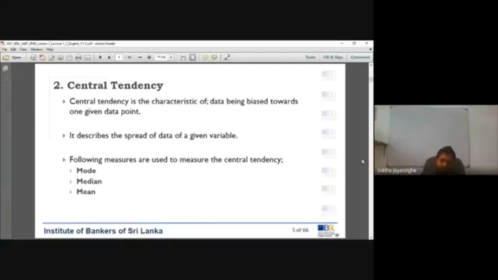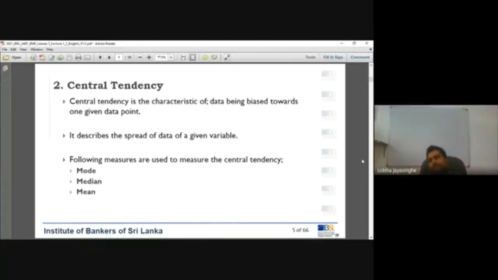But then again, there may be various other ways to represent a particular data set. The most important point is there is no one perfect representer for a data set. If it is a class, if it is a pile of coconuts or anything, there is no one particular element to be shown, saying that this is the perfect representer of this complete data set or the complete basket of goods or items.